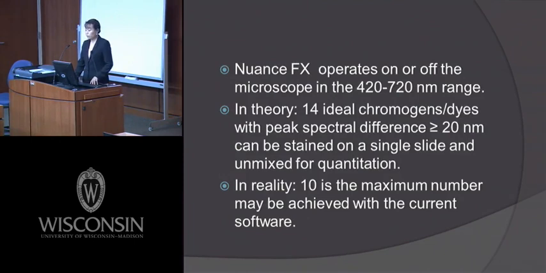In theory, 14 ideal chromogens or dyes with peak spectral difference greater than 20 nanometers can be stained on a single slide and mixed for quantitation. In reality, maybe 10 can be done if you try. I think it's not impossible.